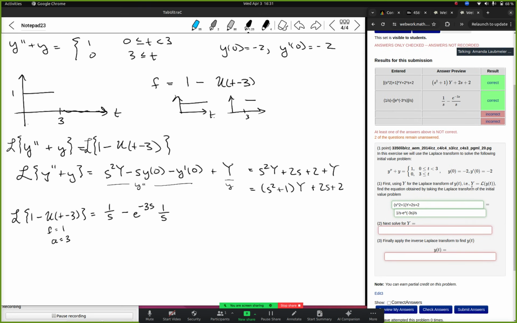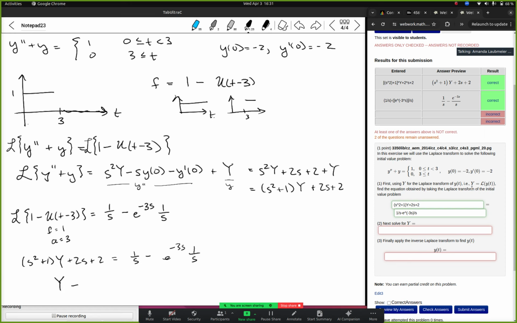Yep, okay, so the two sides of my equation are right, and now I just have to solve for Y. So I've got s squared plus 1 times big Y plus 2s plus 2 is equal to 1 over s minus e to the minus 3s times 1 over s.